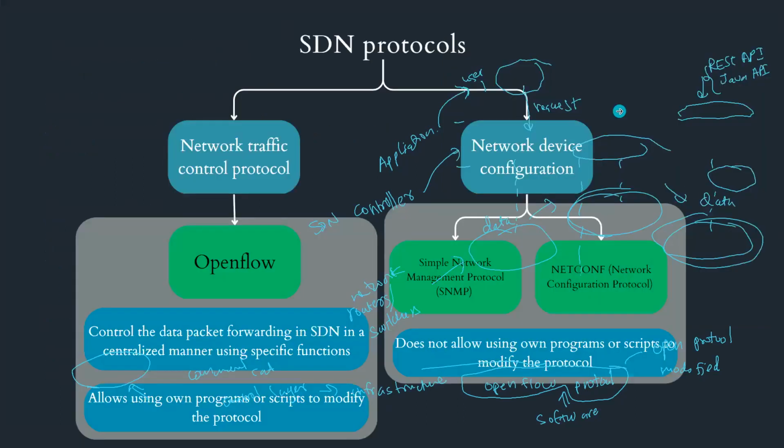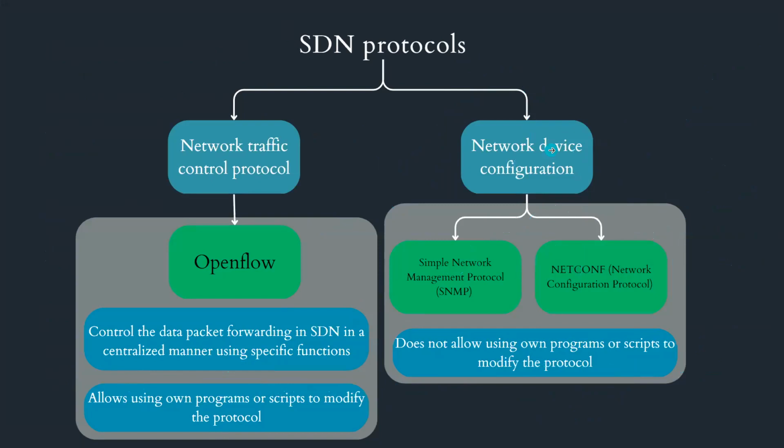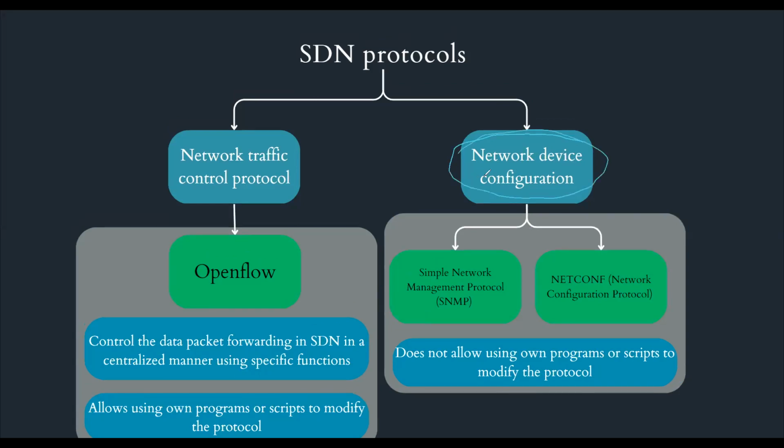Then we have the protocols used in SDNs. We have basically two types of protocols. One we call the network traffic control protocol, and another we call network device configuration protocols. The OpenFlow protocol that I mentioned before is a network traffic control protocol. It is basically used to control the traffic in the network while we are using SDN architecture.